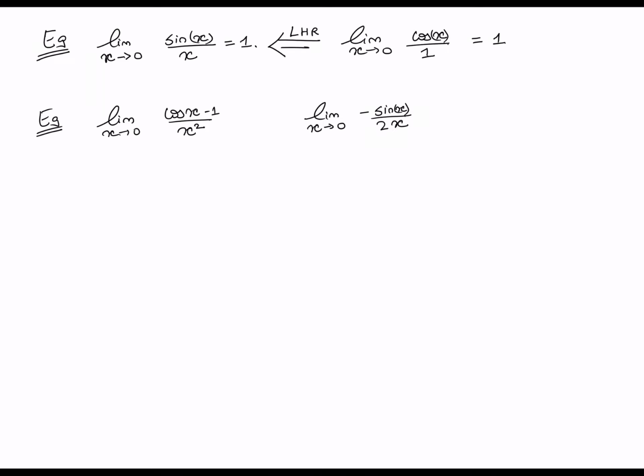From the previous example, I know that this limit must in fact be minus half. So again, by L'Hopital's rule, it follows that this limit must be equal to minus half.